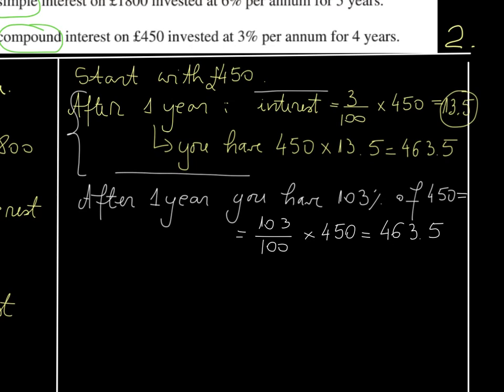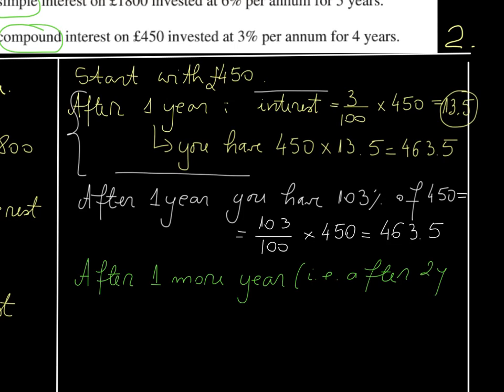Why is this calculation easier? Because after 1 more year, so after 2 years, you have 463.5 now in the bank, and the bank gives you again 3%.